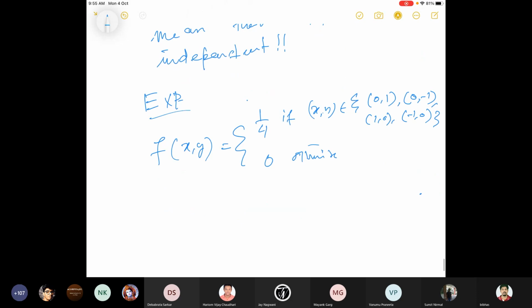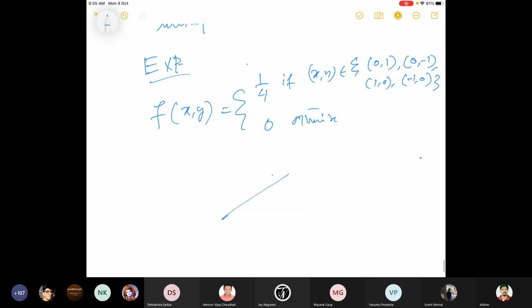So what is the graph of this? Basically this is x, this is minus x, and this is y, and this is minus y.